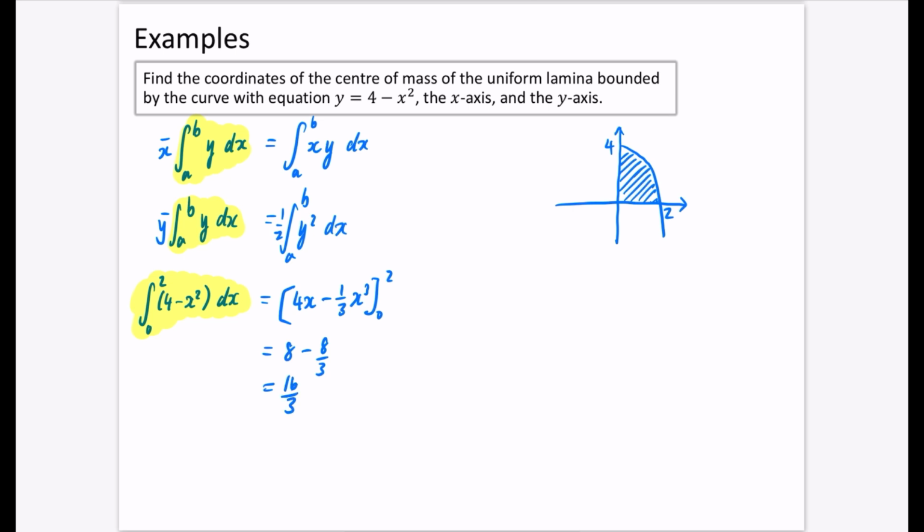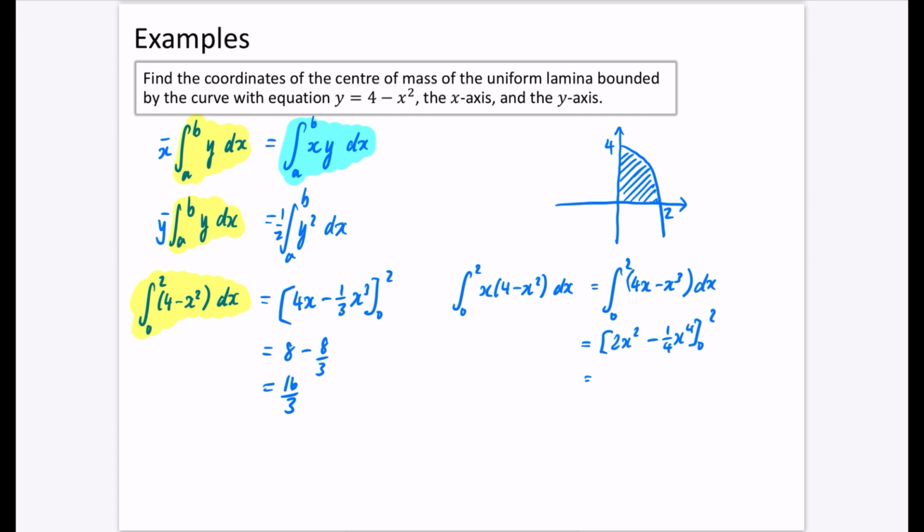Now my next one that I'm going to do, I will do the xy dx. So I'm now going to be integrating x multiplied by 4 minus x squared dx between 0 and 2. So that's integrating 4x minus x cubed dx between 0 and 2. So that is 2x squared minus a quarter x to the power of 4 between 0 and 2.